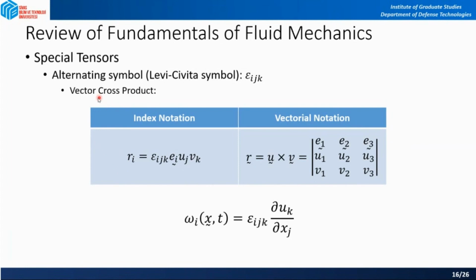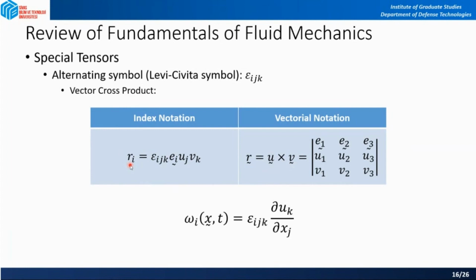So this alternating symbol, if you have, for example, a vector cross product, you can use this alternating symbol. How? If you want to cross product two vectors like the u vector and the v vector, you can write it like this. So your r vector, which is a cross product of u and v, will be epsilon ijk e_i u_j v_k.